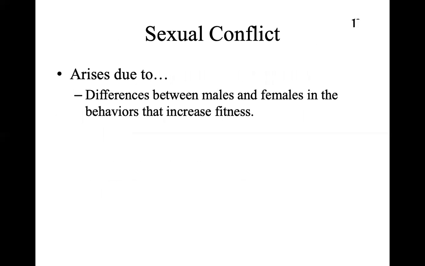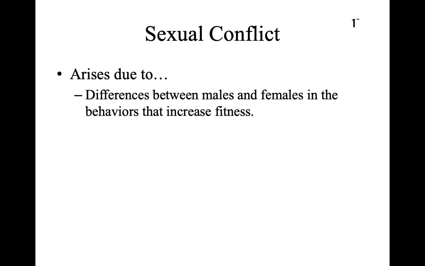So this leads to sexual conflict. When you think about investment in offspring, you can go back to the figure at the beginning of all of this, the gigantic female egg and the teensy-weensy male sperm. That, at the very beginning of reproduction, sets up this difference in investment.